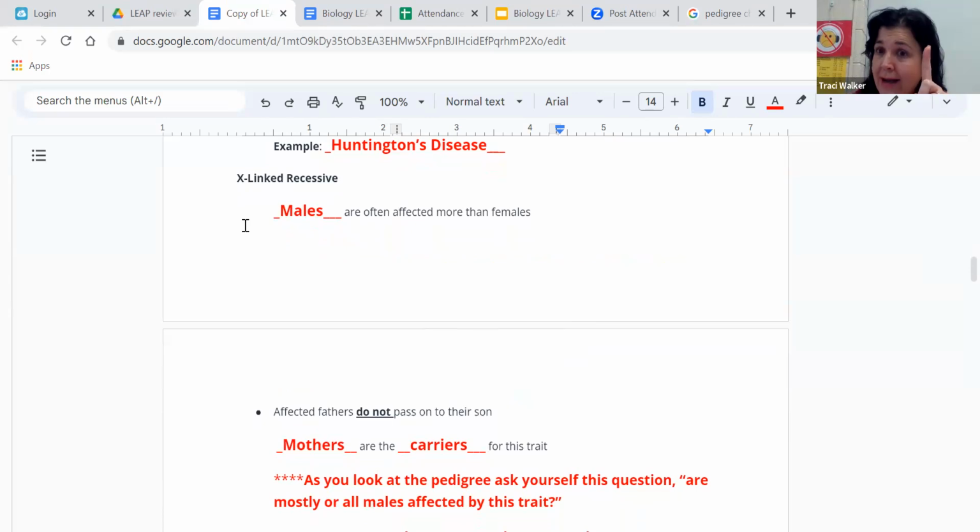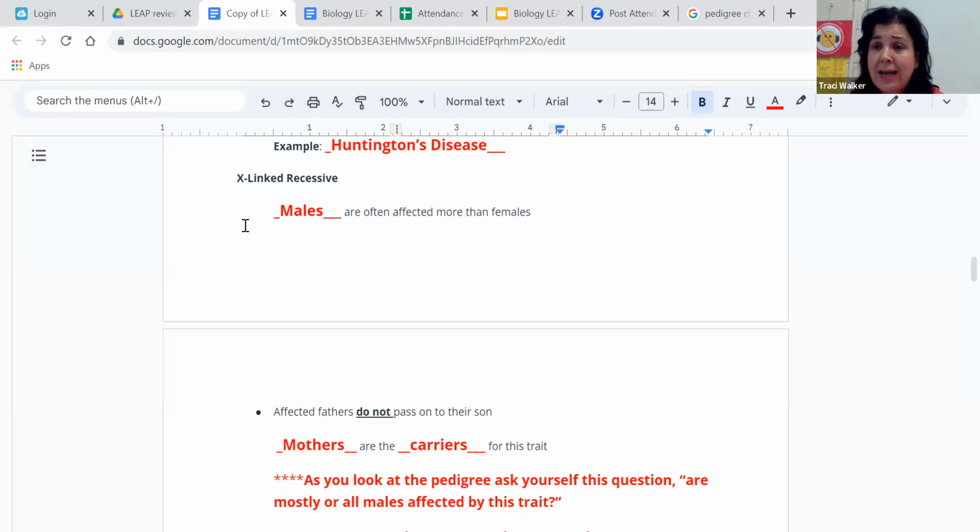So if you have a gene on that one X chromosome, then whatever that gene is, you're going to exhibit that trait. Okay, so if it happens to be a disorder, then you're going to have it. So males are much more likely to have X-linked diseases and disorders than females, because females have two X chromosomes.